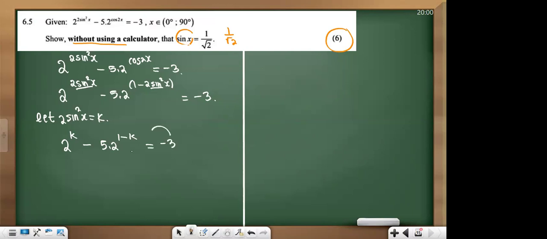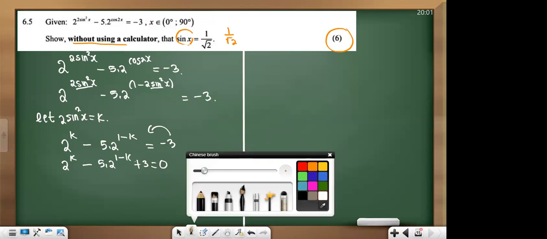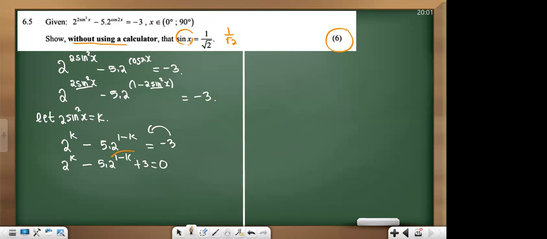Can I bring 3 to the other side? 2 to the power k minus 5 times 2 to the power 1 minus k plus 3 gives me 0. Here it needs you to be smart. Grade 11, I told you about exponents several times.